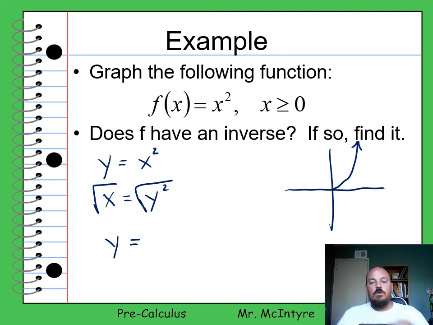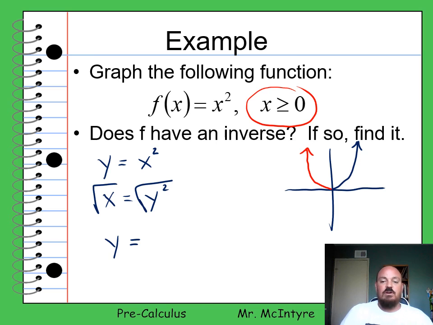Now, normally when you take the square root of both sides, you get a plus or minus. The plus or minus depends on which half you restrict it to. Because basically, if you look up here at the top, if I change that to x is less than or equal to 0, you get the other half of the parabola, which is still one-to-one.